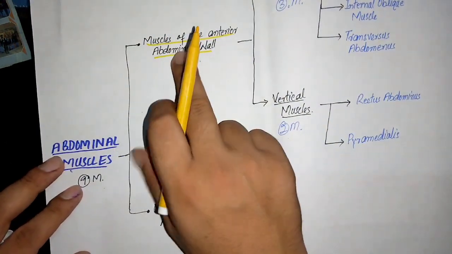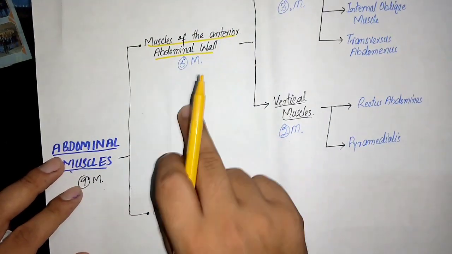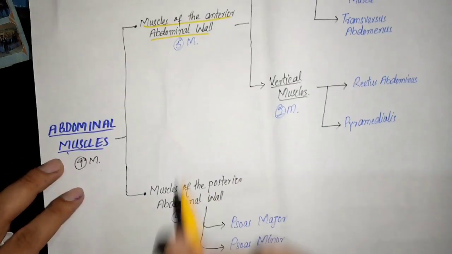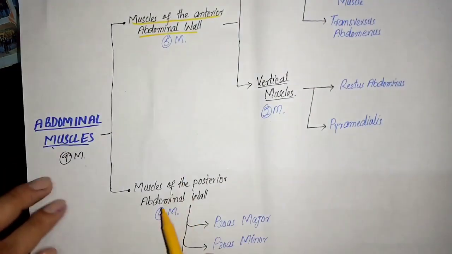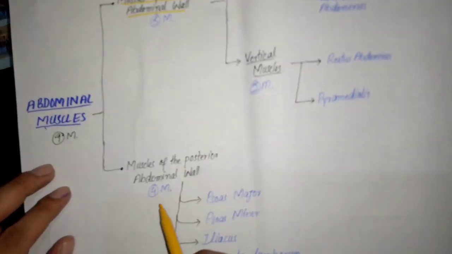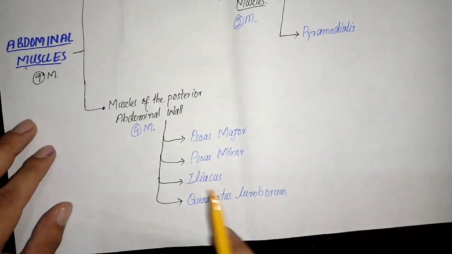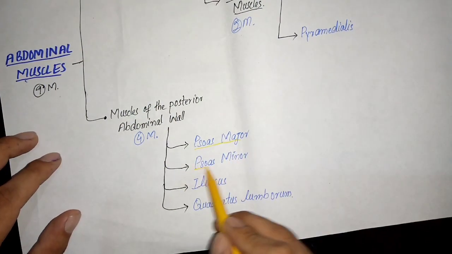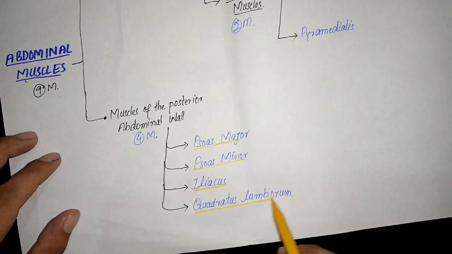So we categorize the muscles of the abdominal wall into the anterior side and the posterior abdominal wall. In the anterior we have 5 muscles, and on the posterior side we have 4 muscles: psoas major, psoas minor, iliacus, and quadratus lumborum.